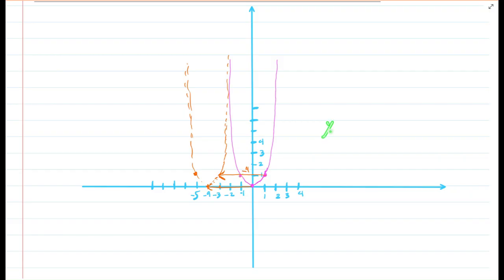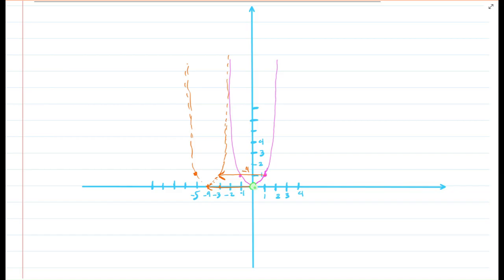Now, instead of x to power 4, we have (x plus 4) to power 4. So, although the behavior of (x plus 4) to power 4 is similar to x to power 4, we have a shift. Instead of x, we have x plus 4. So we need to shift the graph 4 units to the left.